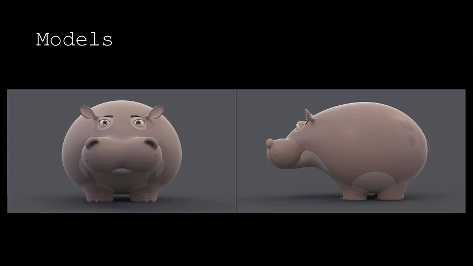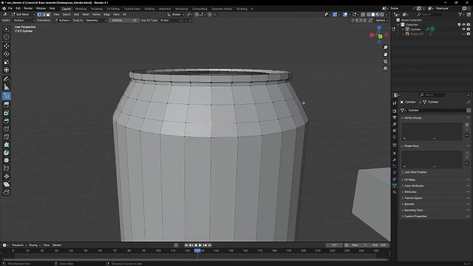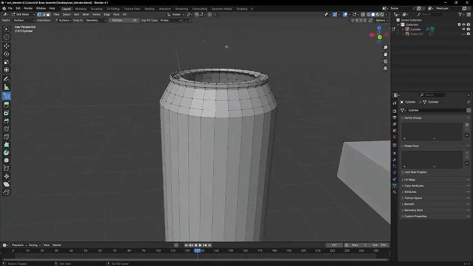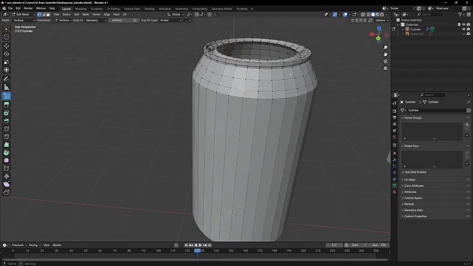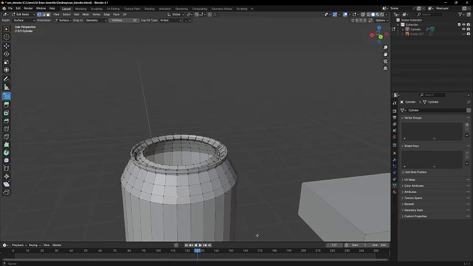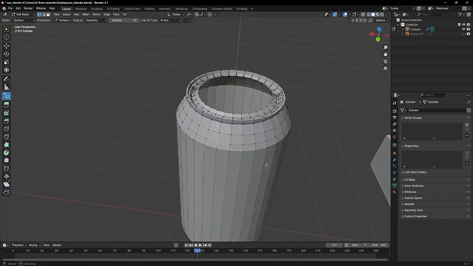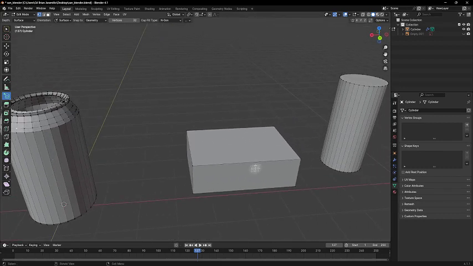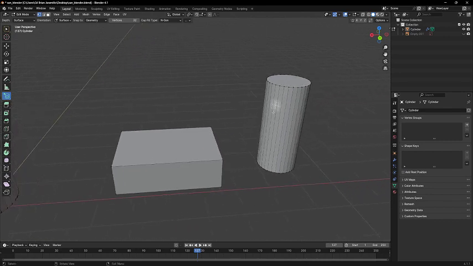It's like the finished product of the 3D model that you are making. This is an example of a model that is not finished. This is also a 3D model, and this is also a 3D model.